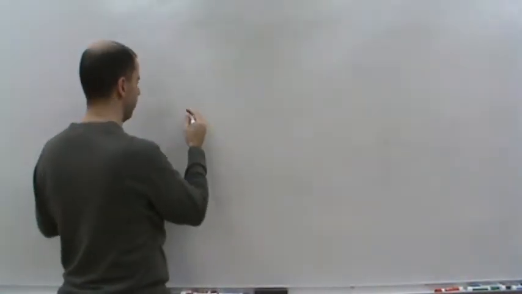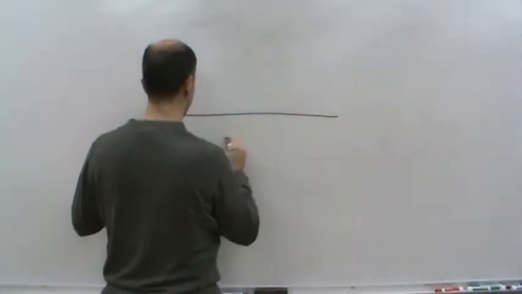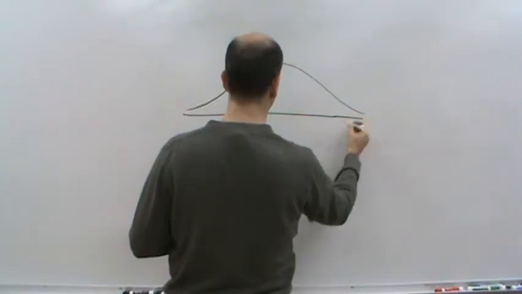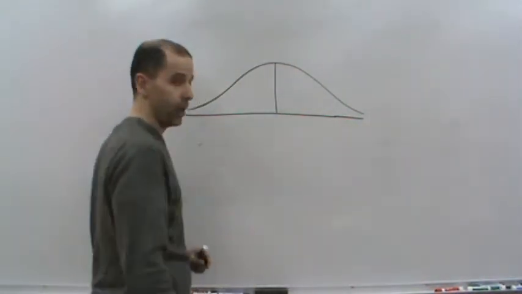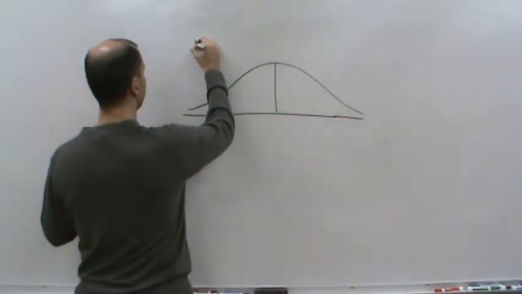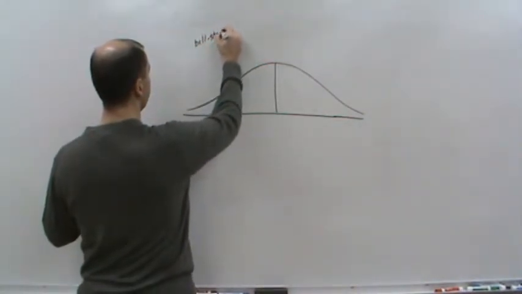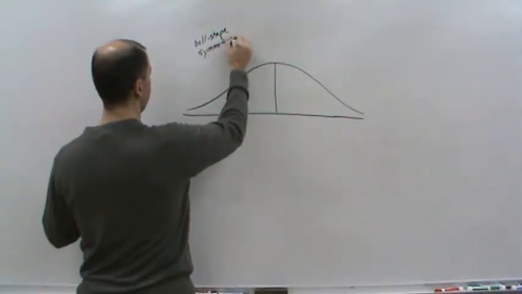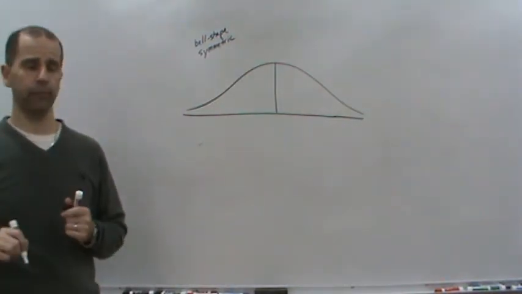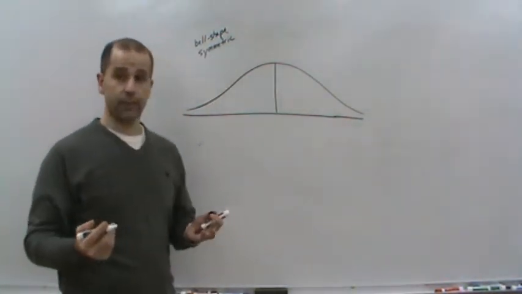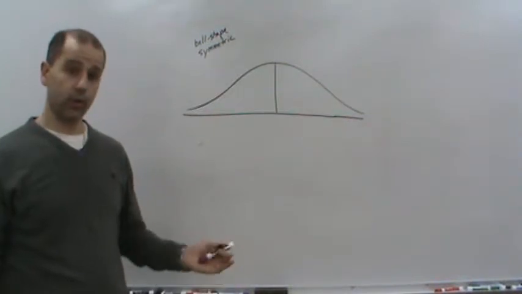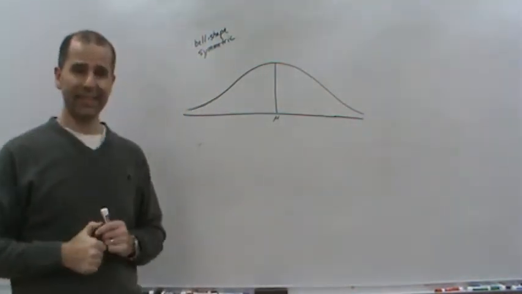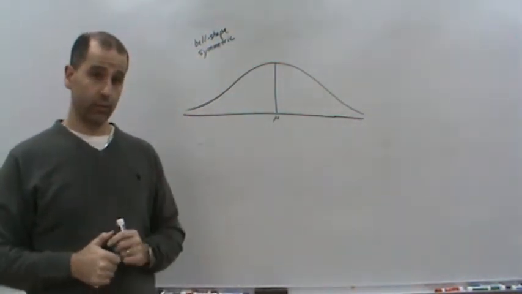So let's say we have something like this. Bell-shaped and symmetric. Well, if it's bell-shaped and symmetric, where's the mean? The mean is located right in the middle. So here's the mean, mu.